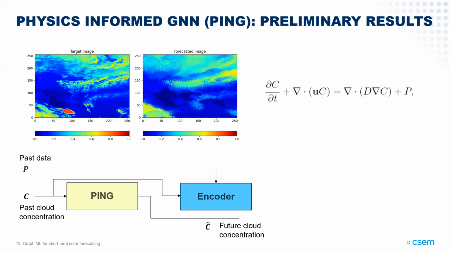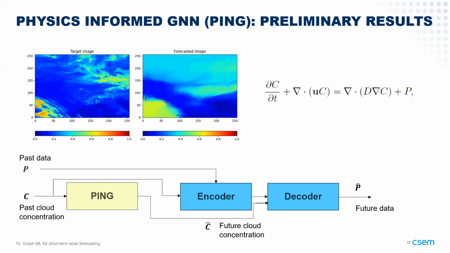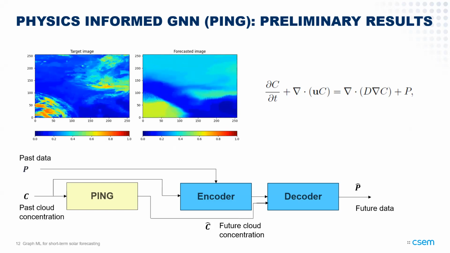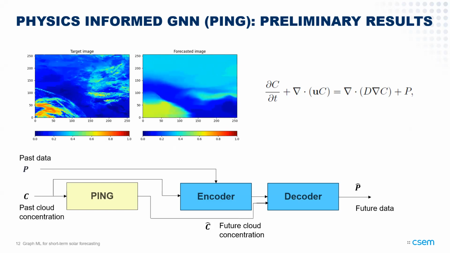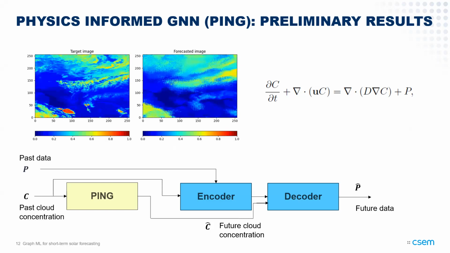And now we use the same encoder-decoder architecture, but now, apart from the past measurements from time series, it receives the past cloud concentration, let's say samples, at the nodes of interest.